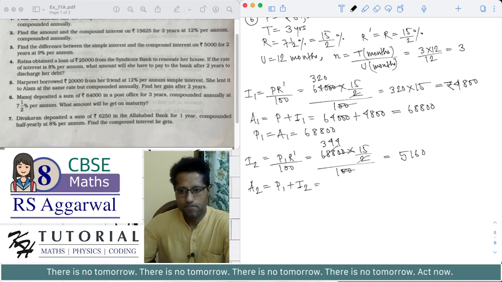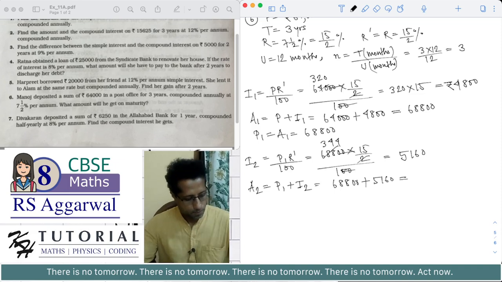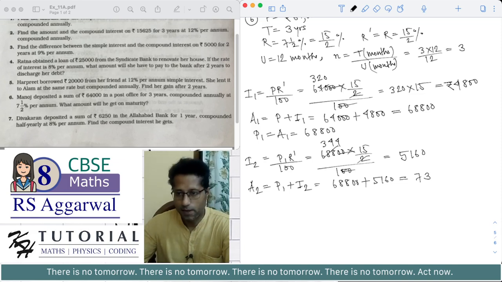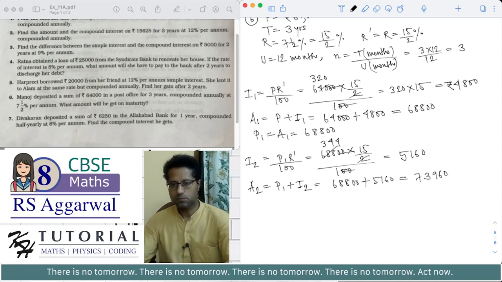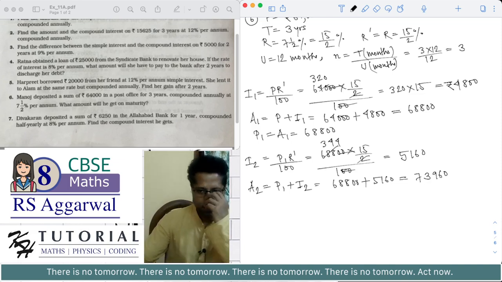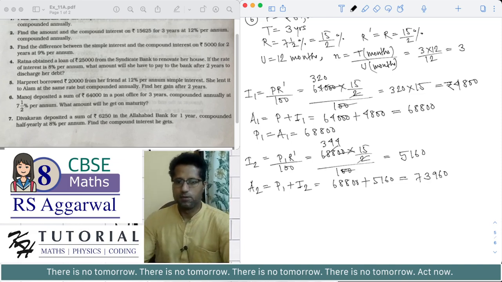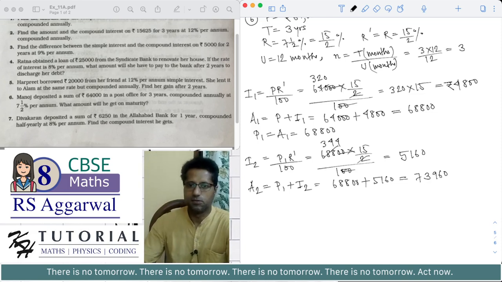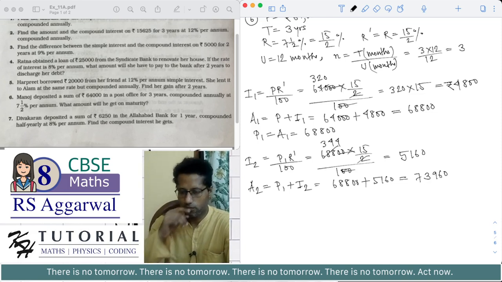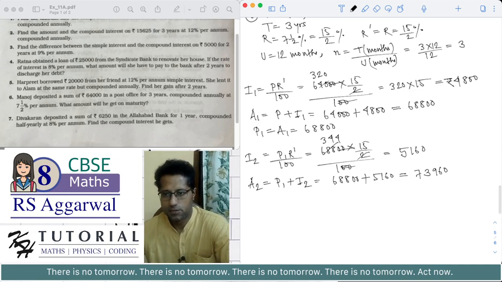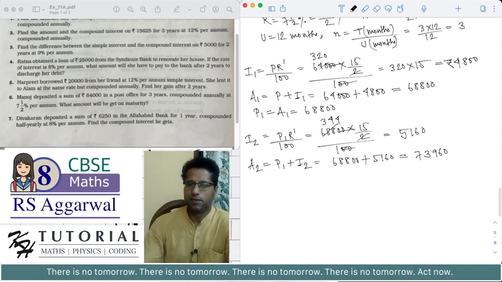This is equal to 68800 plus 5160, which is 73960. So the amount at the end of the second unit of time, that is, the end of the second year, is 73960. So we have to calculate the interest one more time, that is, at the end of the third unit of time.